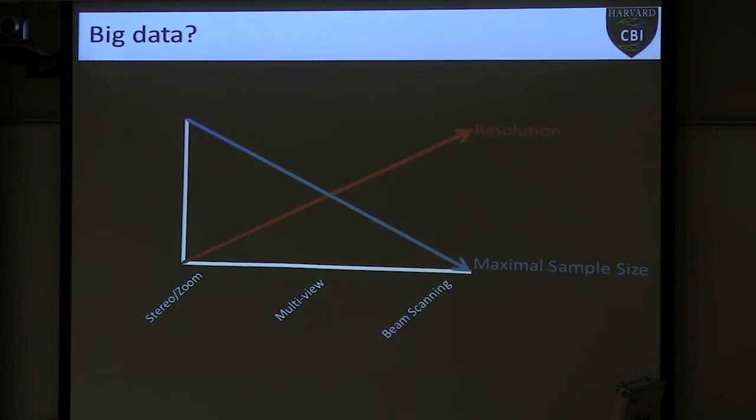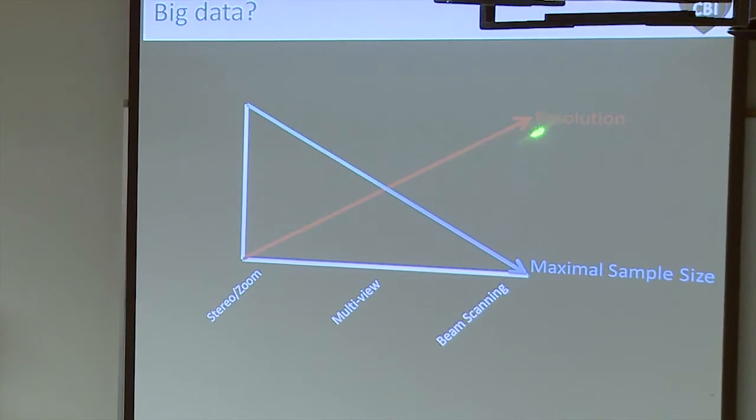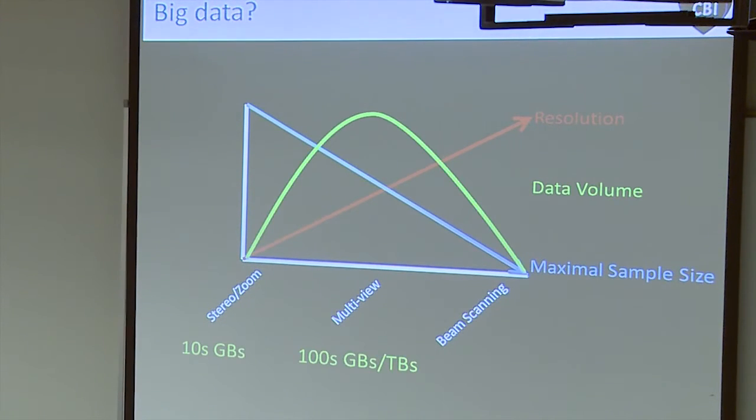All right. So I showed you this graph before in that as your resolution increases, your maximal sample size decreases. But I'm going to throw in one more data set here, and this is your data volume. Obviously, increasing resolution gives you increasing data size, and increasing sample size also gives you an increase in data size.